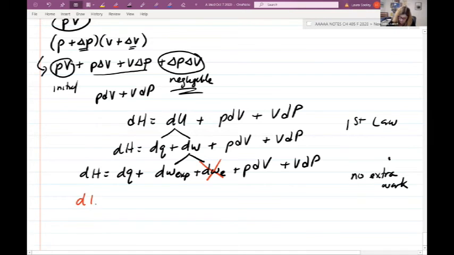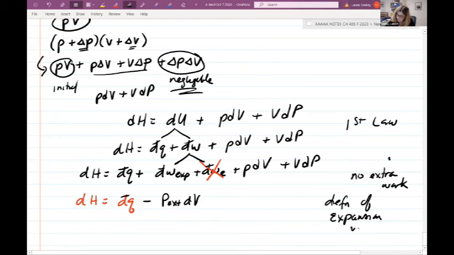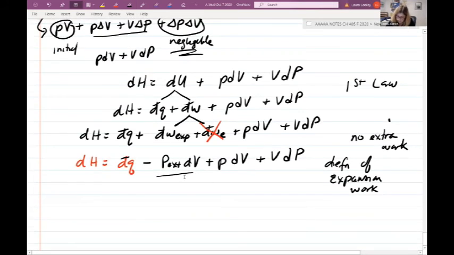Now let me put in, by the way, there should be slashes here. I really should be obeying that rule at least for a little while. So now I put in the definition of expansion work. And now we have to look at these two terms. They look very, very close, right?